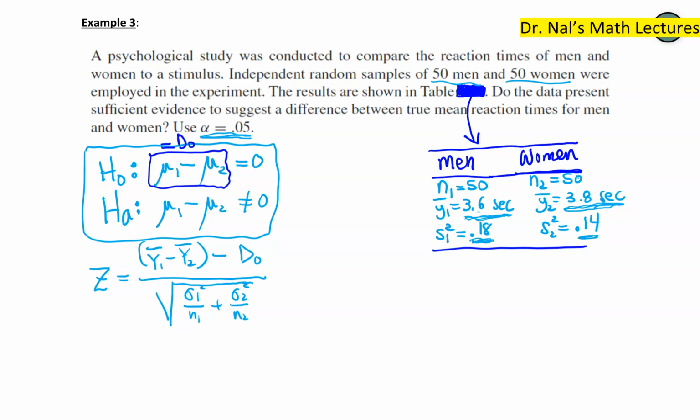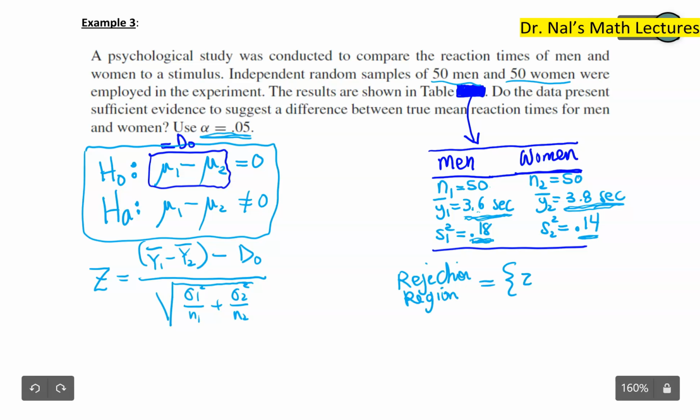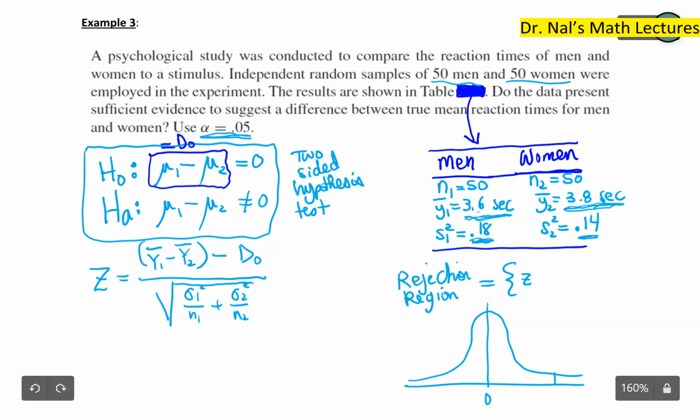The rejection region. Let's quickly write it out. The rejection region is equal to all the z's which, okay, this time we need to be careful because we have a two-sided test. That's what we call a two-sided hypothesis test. In the two-sided test, we have the standard normal distribution, and we want to find the area on the two tails.